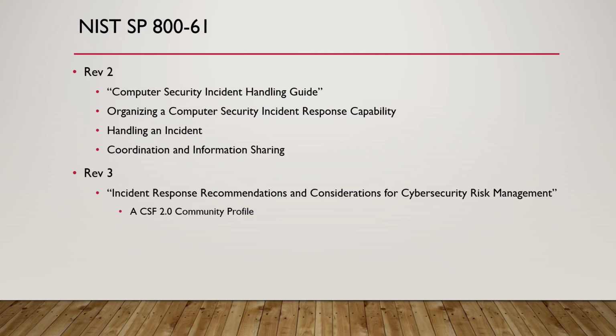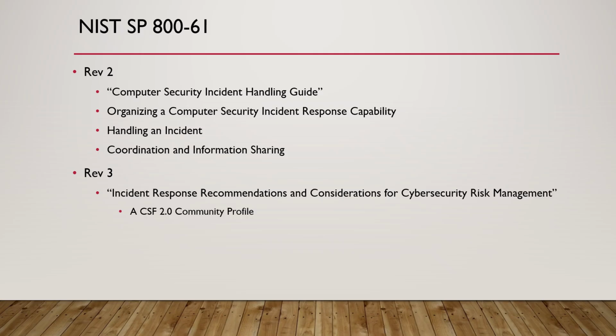A community profile is typically developed for a particular sector, subsector, technology, threat type, or other use case. SP 800-61 Rev 3 defines NIST's CSF 2.0 community profile for cyber incident risk management.